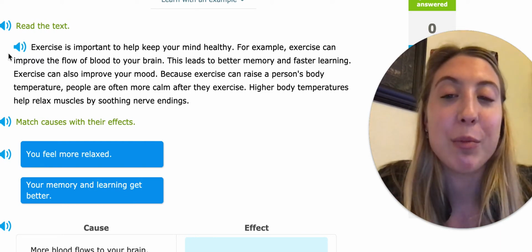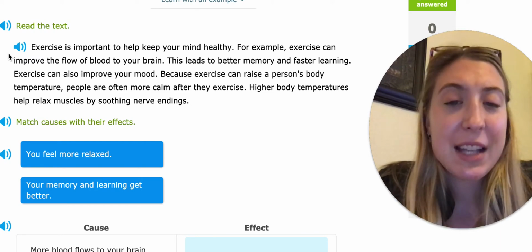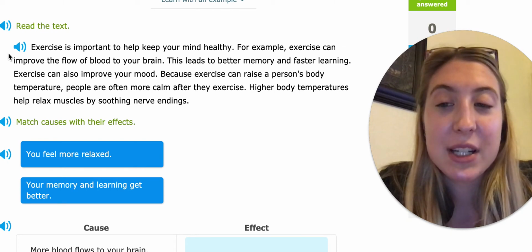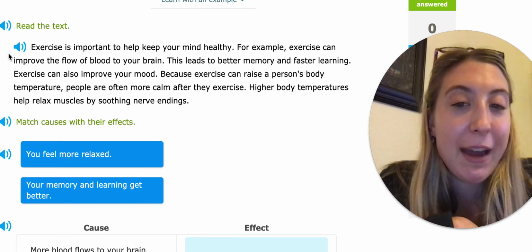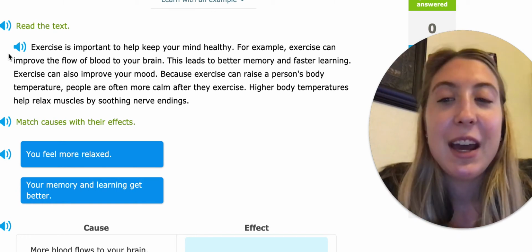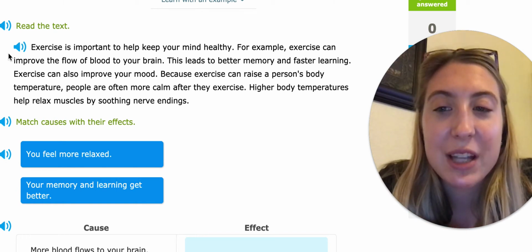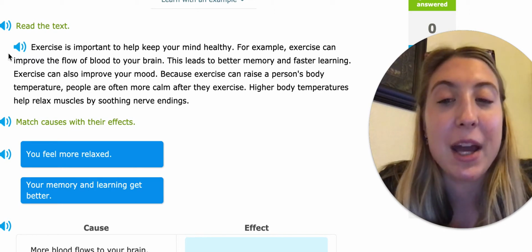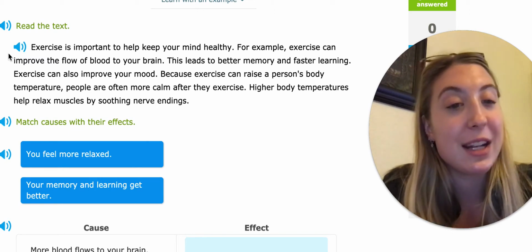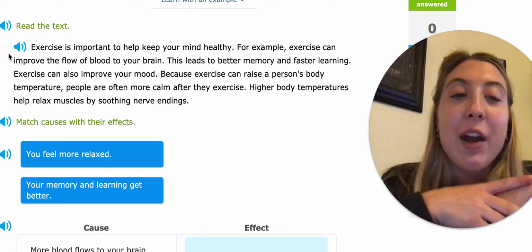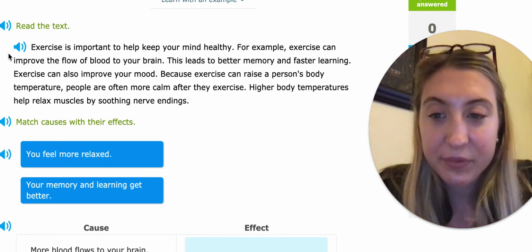Exercise can also improve your mood. Because exercise can raise a person's body temperature, people are often more calm after they exercise. Higher body temperatures help relax muscles by soothing nerve ends. So we just read all about exercise and how it can be helpful to you and why it's helpful to you.